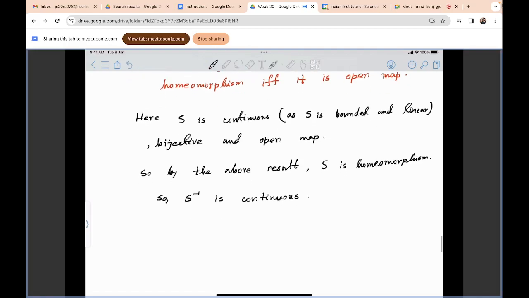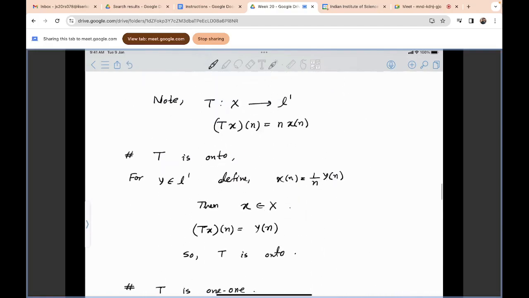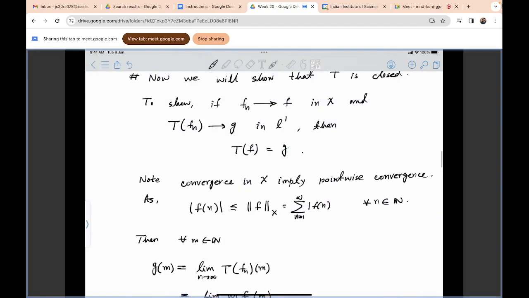Now what is S inverse? Therefore S inverse is T, which is a linear map, so T is continuous, which implies T is bounded. But we have shown that T is not a bounded operator.